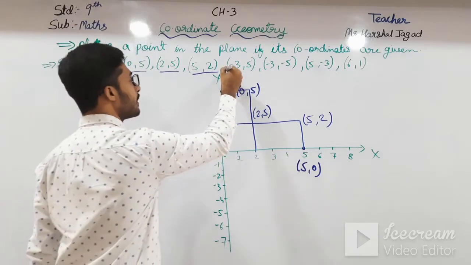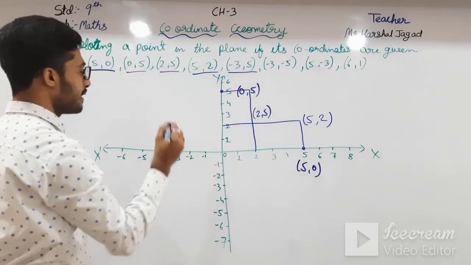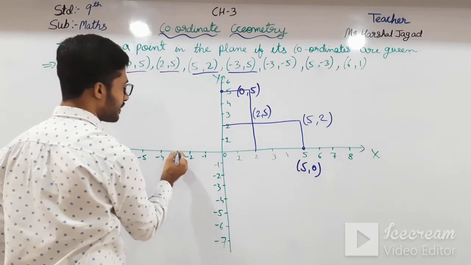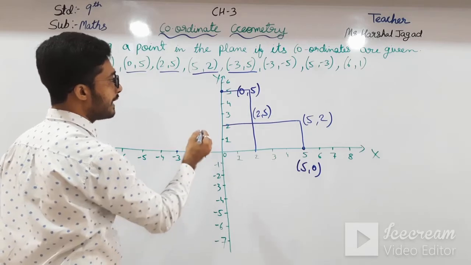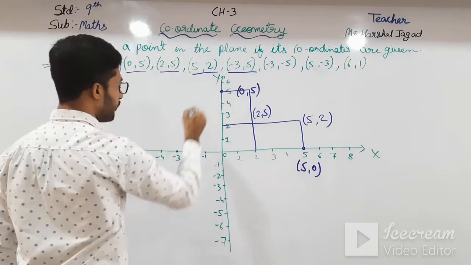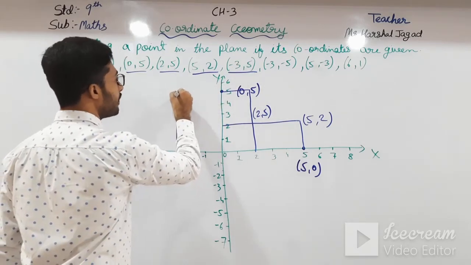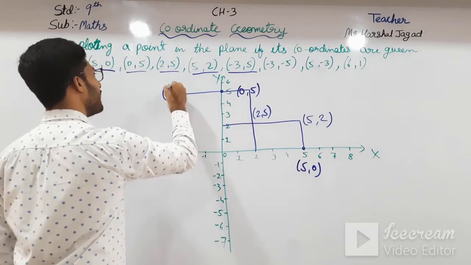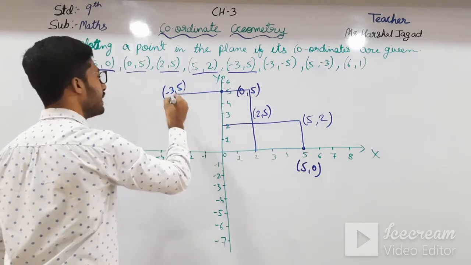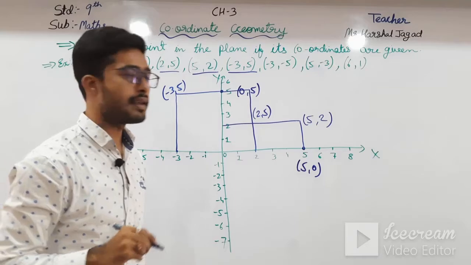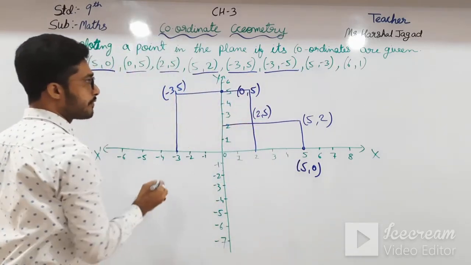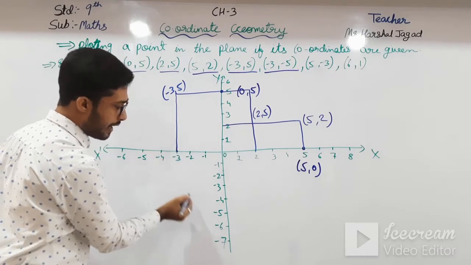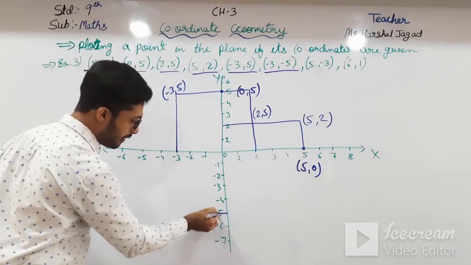Now moving towards this point, that is -3. On the x-axis -3 and on the y-axis it is +5. So this point will be over here, that is -3, 5. This point is -3, 5. Okay students, now -3, -5. Here is -3 and -5 is over here.